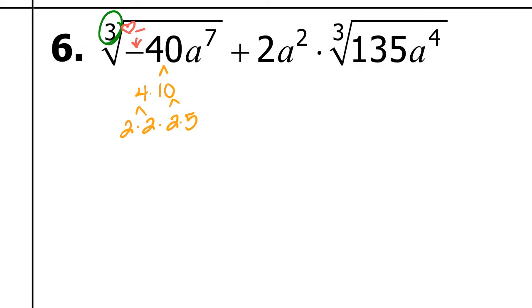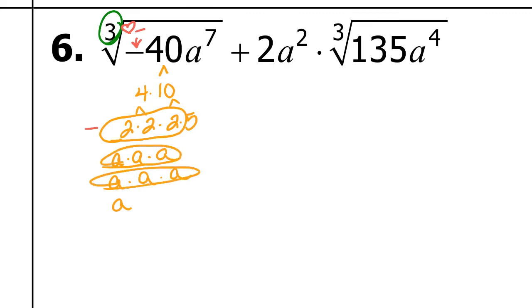Then I will have 7 a's. Now my index wants triplets, so I have the 2's, and since 40 had a negative sign, I'm also going to make sure that when I take out the 2, it has the negative as well, because odd indexes love negative signs.